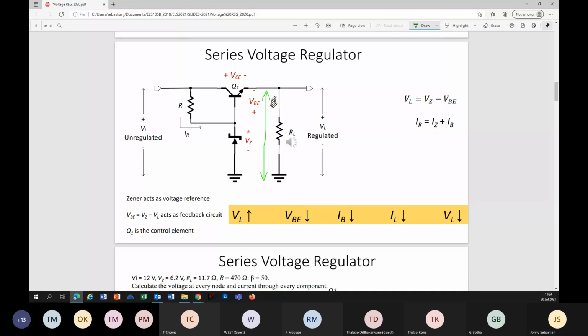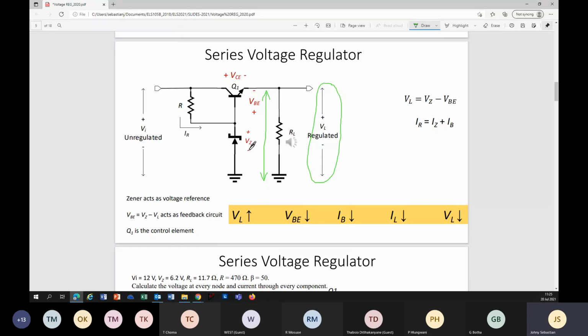And look at this. These two are same. Do you agree? Yes, sir. They are equal because they are in parallel. Now, we can say that this VL is same as this voltage. Okay. So what can we write?